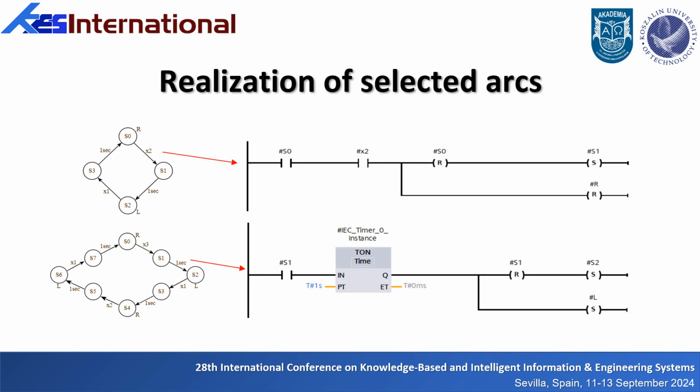For example, the arc connecting the S0 state with the S1 state can be realized as shown, where S0 and S1 are internal binary variables assigned to individual states of the machine. In this fragment, it is checked whether the required state S0 is active and whether the condition for the machine to move to the next state is met.